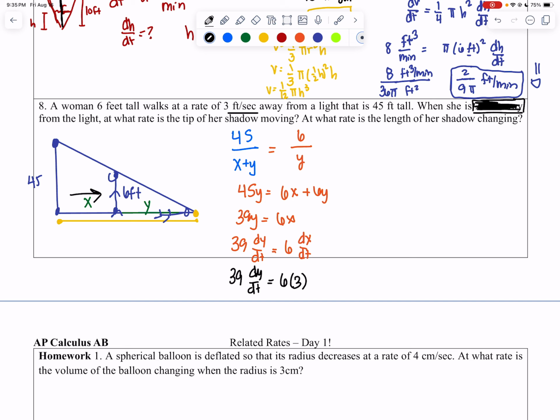Which means if I want to find out what dy/dt is, it's 18 over 39 feet per second. So this right here, dy/dt, represents the length of her shadow changing.